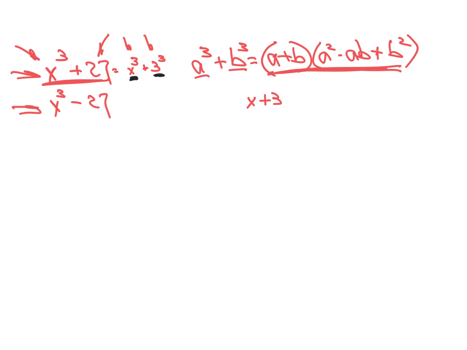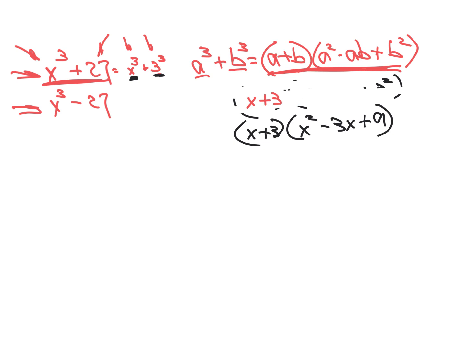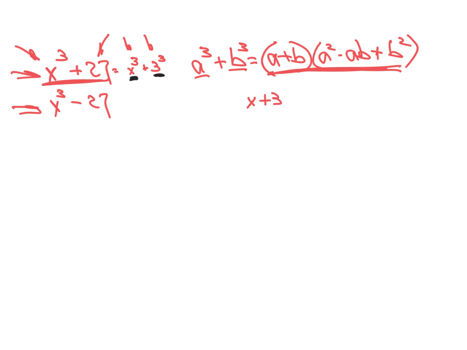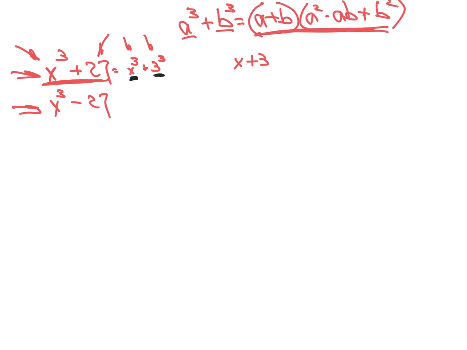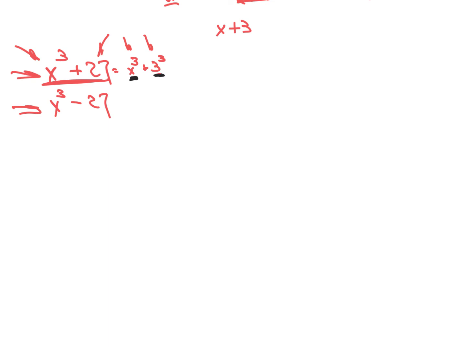And we get something that looks just like that. So the next one, oh, I made my eraser too little. Okay, so we've got that one. Let's see if we can move that out of there. So we have x cubed minus 27.